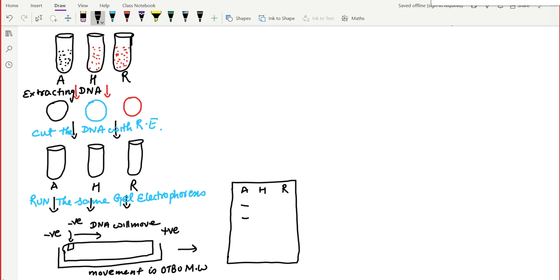Now in case of A, what we have got is these 4 DNA bands. In case of H, we have these DNA bands, and in case of R, we are getting these DNA bands.